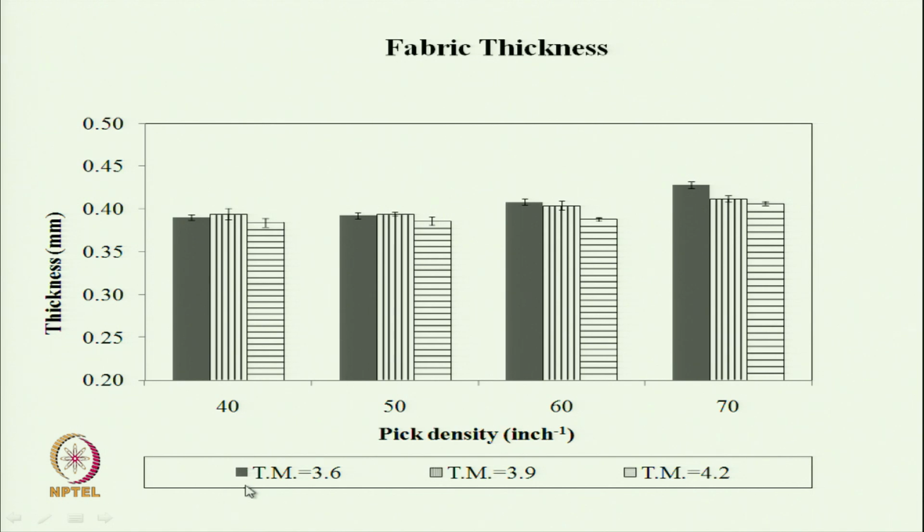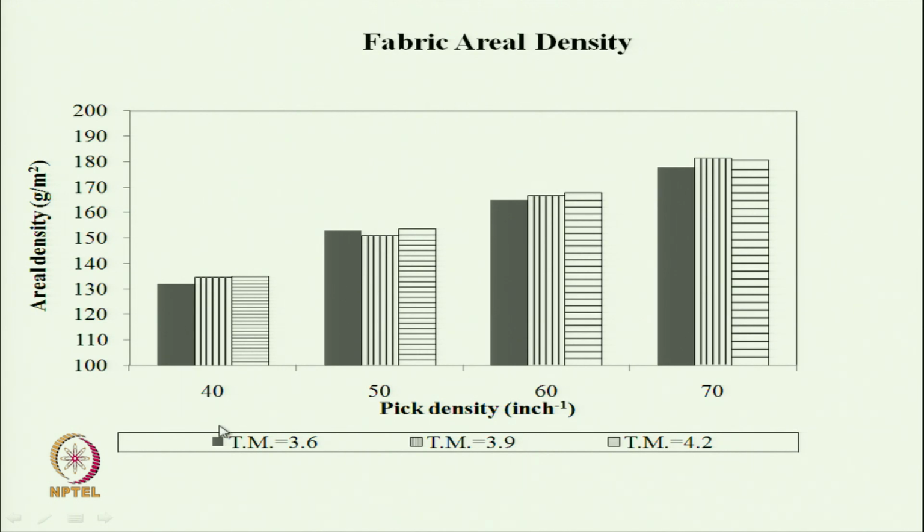And for different twist multipliers 3.6, 3.9, 4.2, the thickness effect is, although they are there, little bit, but not that significant. At very high pick density, very compact fabric, the effect of thickness is visible, but for low pick density it is not that visible. Areal density, as we go on increasing the pick density, areal density increases, but the twist multiplier does not have any effect on areal density.